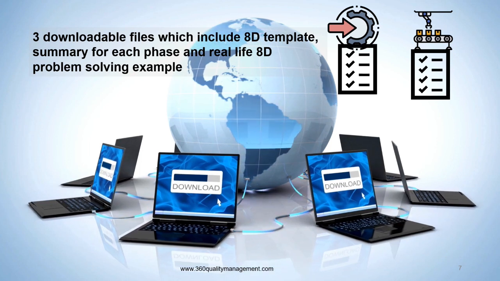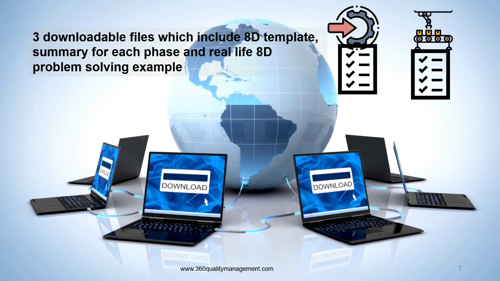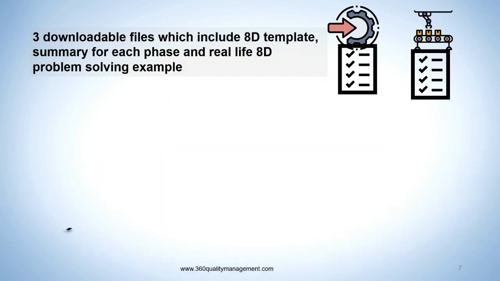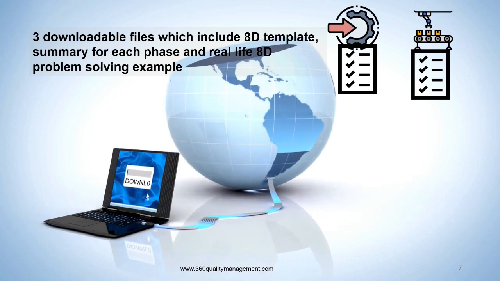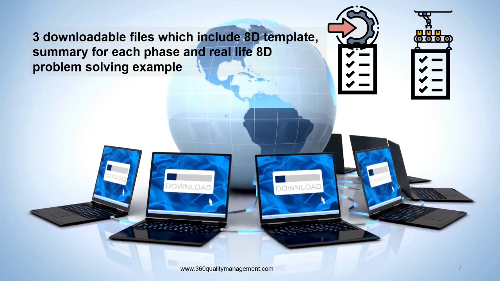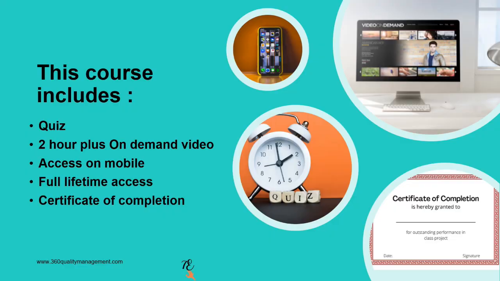This course comes with 3 downloadable files, which include an 8D template, a summary for each phase, and a real-life 8D problem-solving example, which you can use immediately and override the example for your own problem-solving cases. There will be a quiz at the end of each module to test your understanding.